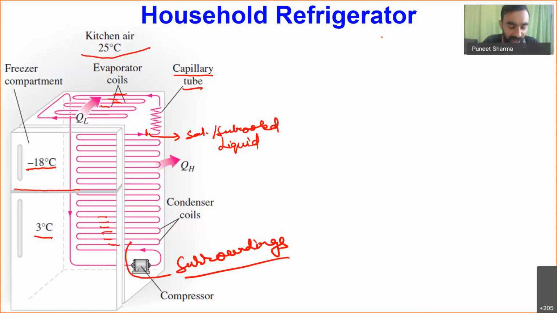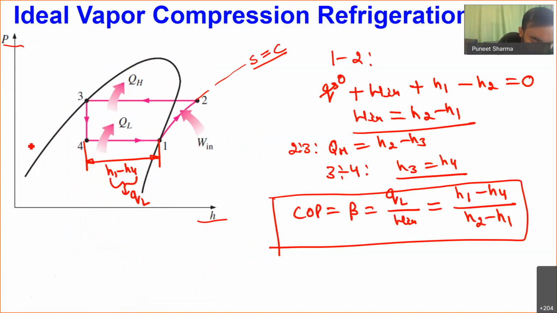And then, the evaporator unit and expansion device should be close to each other. Why should these be close to each other? For example, if I have to go down to a temperature of minus 18 degrees Celsius, I will have the condenser at, say, 30 degrees Celsius.